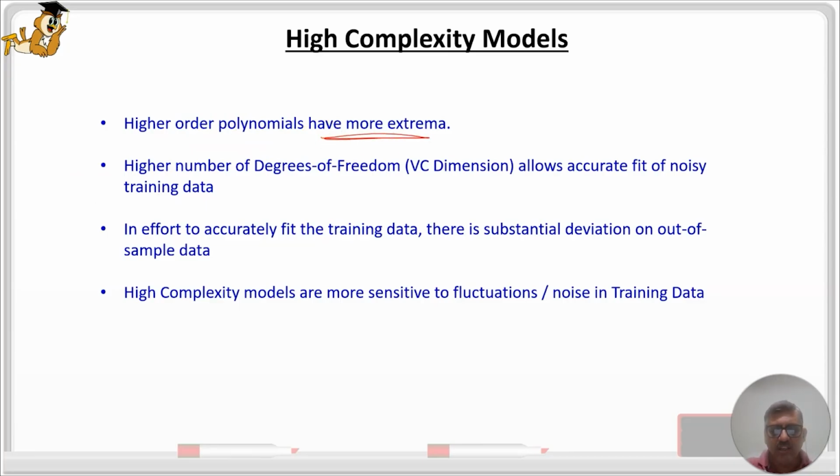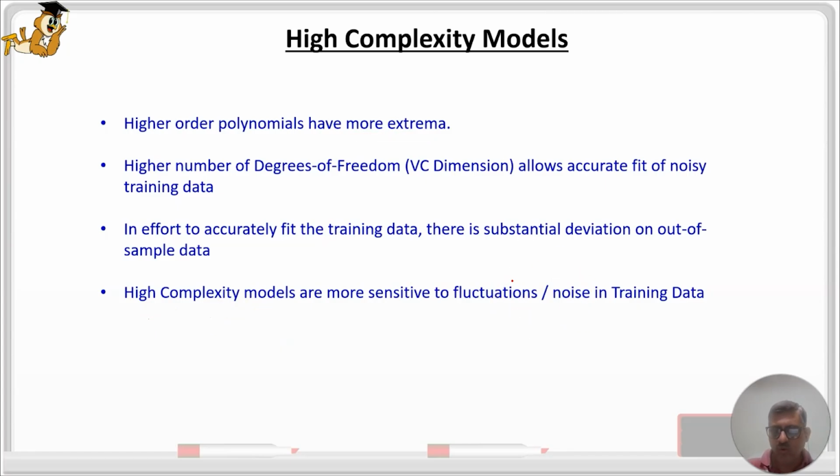A higher number of degrees of freedom, or a more complex hypothesis set, allows accurate fit of noisy training data, especially when the training data is limited. And in an effort to accurately fit the training data, there is substantial deviation on out of sample data. And finally, high complexity models are more sensitive to fluctuations or noise in the training data.